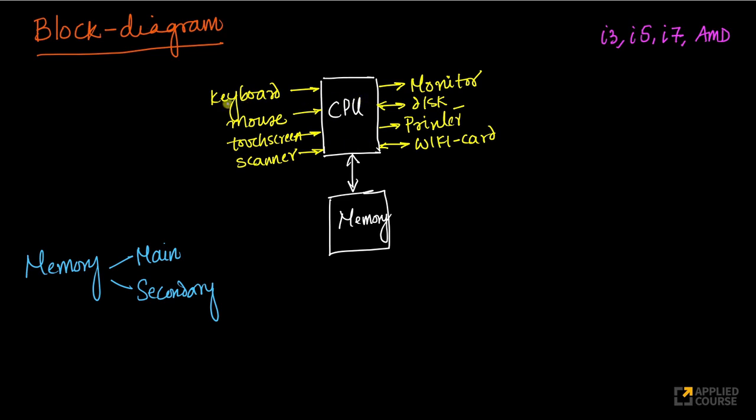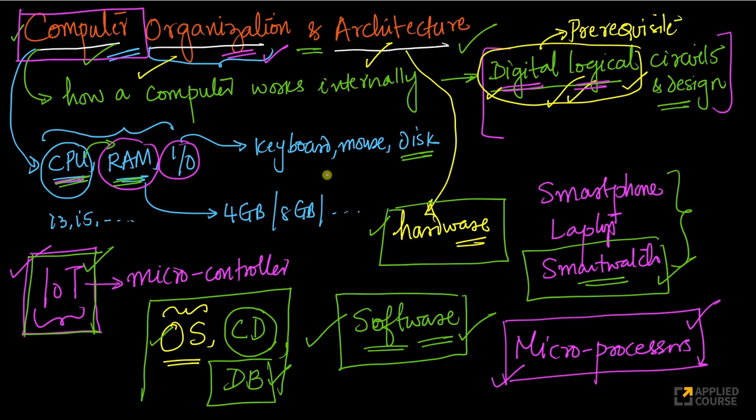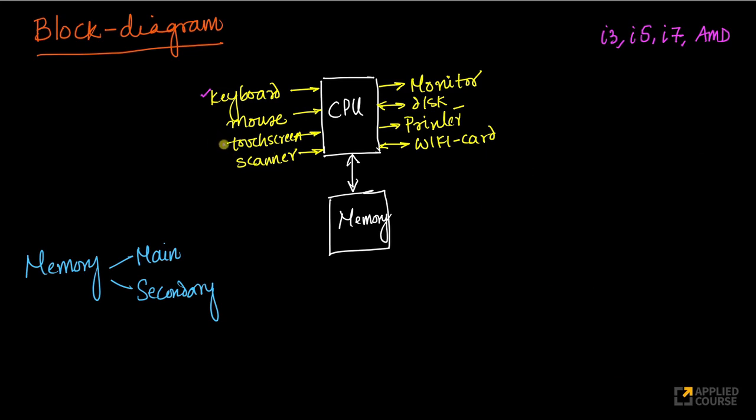Your CPU has a bunch of input-output devices. Your keyboard is an input device. Your mouse is an input device, because whatever the mouse does, the CPU takes that as input and acts upon it. Your touch screens, again, your computers come in all shapes and sizes, as I told you, right? Your laptop, your smartphone, your smartwatch, all of them are actually computers. If you have your smartphone as your computer, the touch screen is a very important thing.